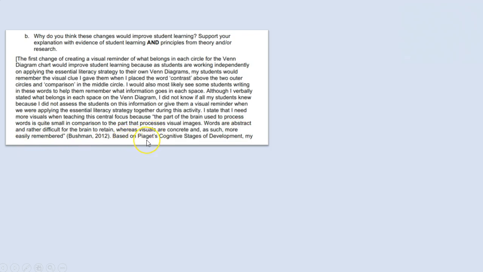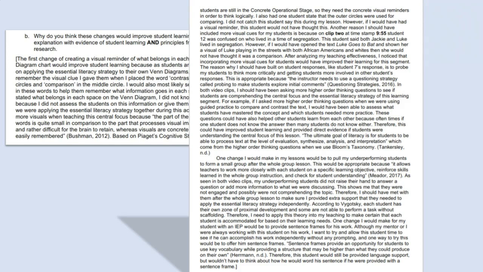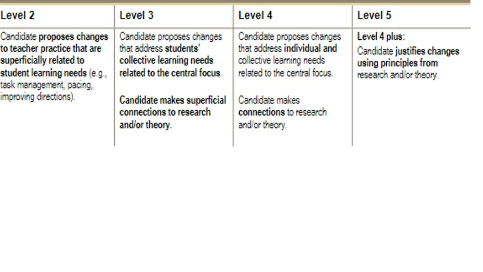And then she starts talking about Piaget's cognitive stages of development. Very good, very appropriate for elementary. And there she's got questions. She's got very good support for her decisions that she's made. Good job.